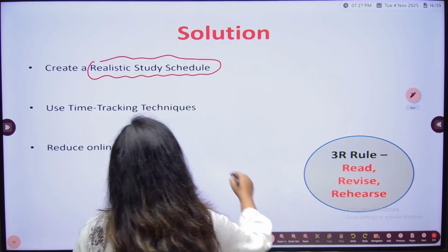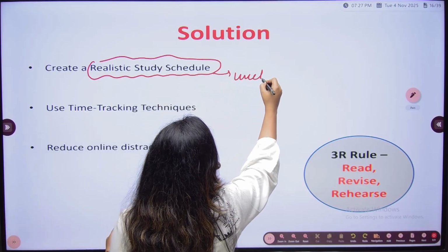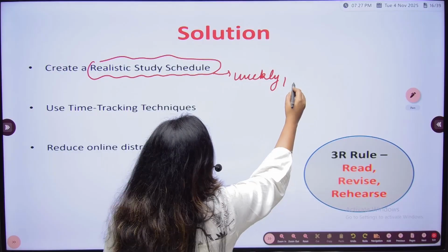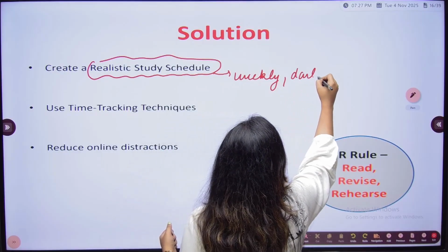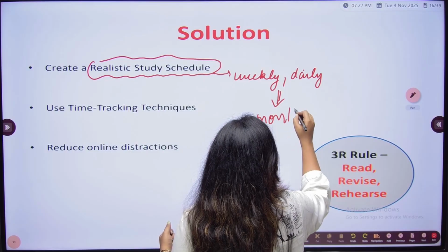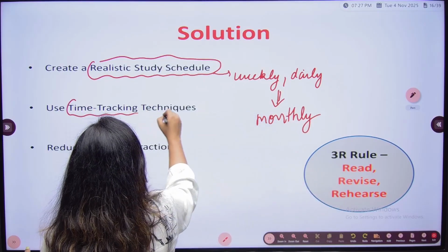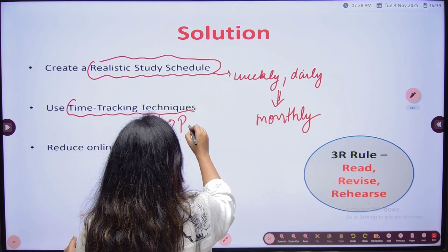So it is very important to create a realistic time schedule, weekly, daily, and if possible, monthly. Okay, you can use certain time tracking techniques such as Pomodoro.